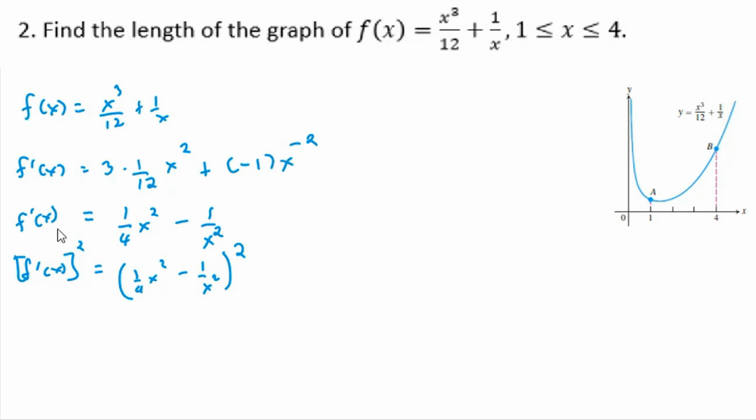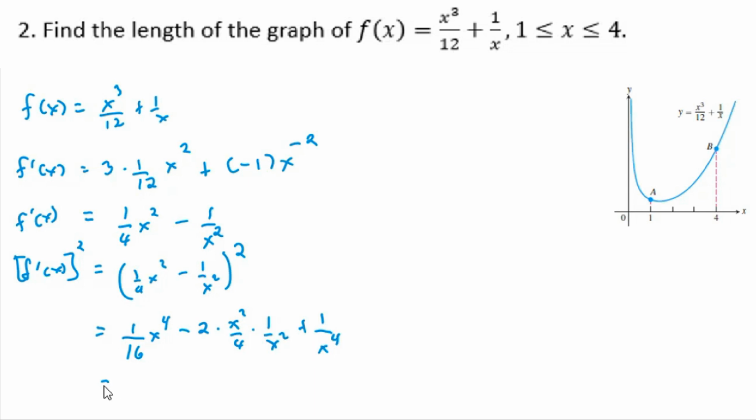Simplifying that one, this will give us now 1 over 16 of x raised to 4 minus twice the product of this. I will write 2 times x squared over 4 times 1 over x squared plus the square of the last term, which is 1 over x raised to 4.